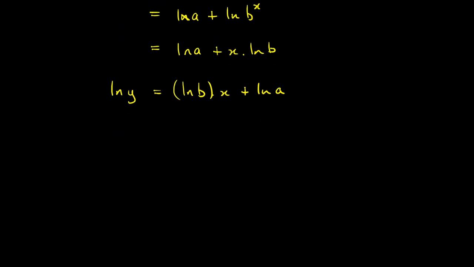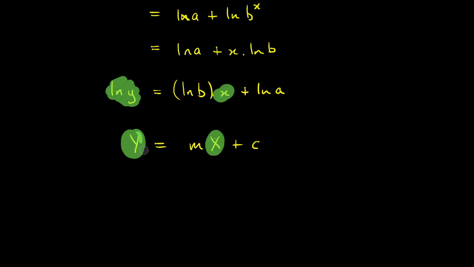Now, why is that such a good thing? Well, because this is effectively a y equals mx plus c graph. So in other words, if we were to plot ln y against x, I replace ln y with big Y and little x with big X, then I'm going to get a straight line where the gradient m is going to be the same as ln b, and the y-intercept c is going to be the same as ln a.